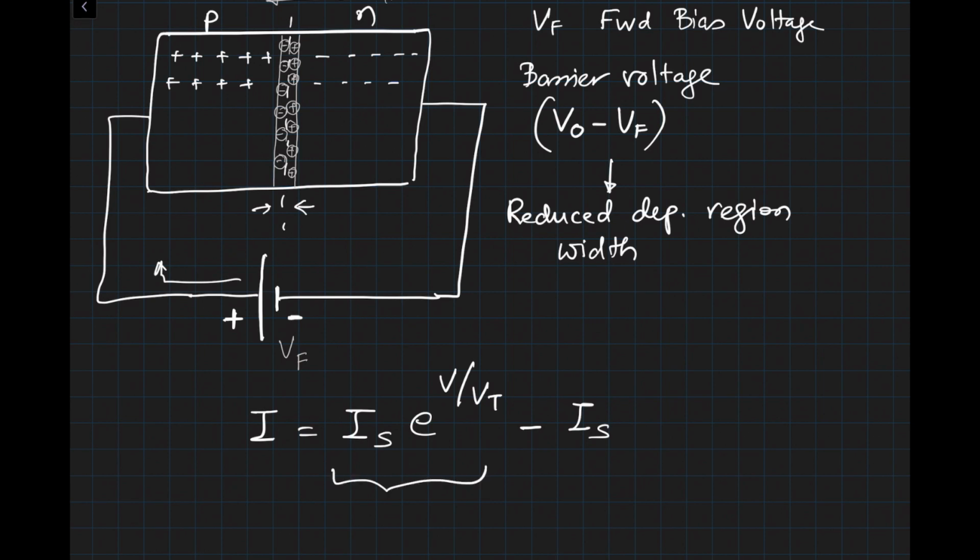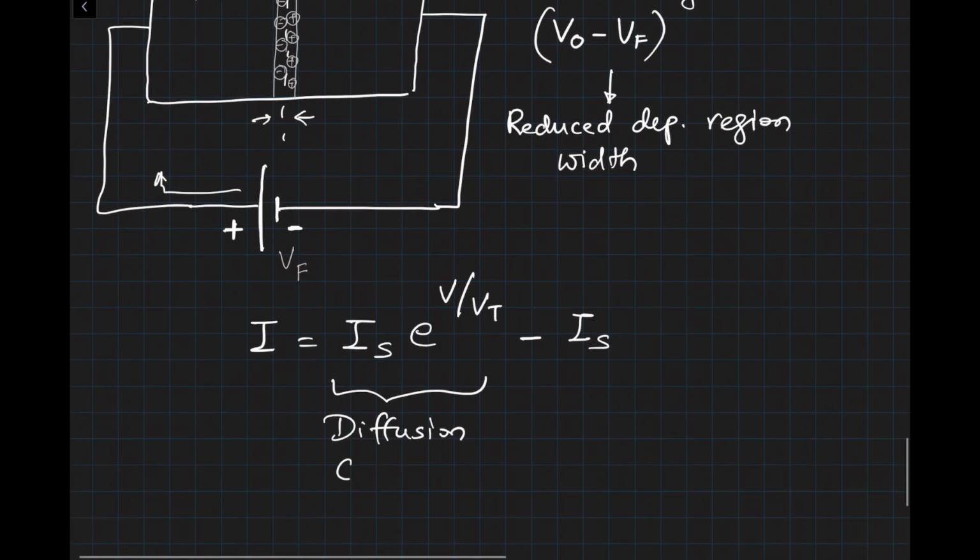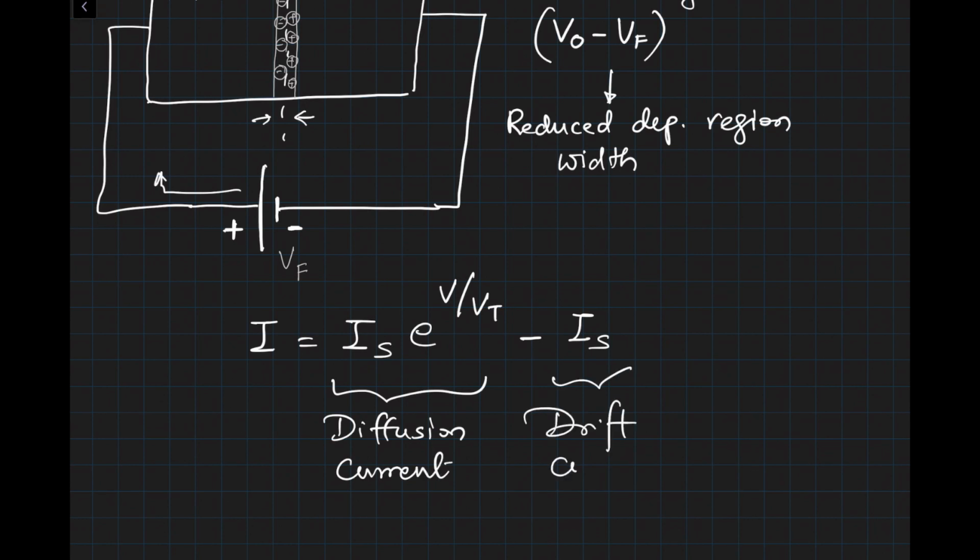And this part is called diffusion current, and this is our drift current.